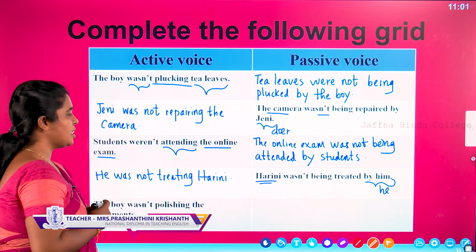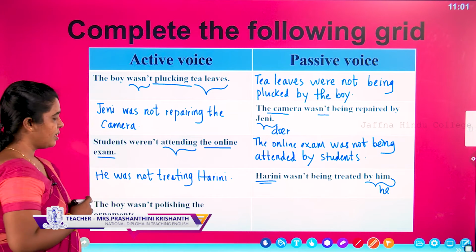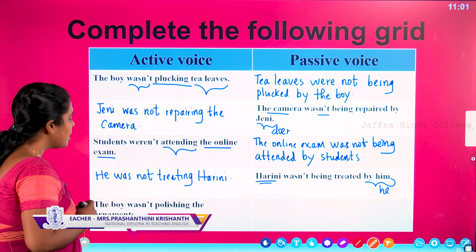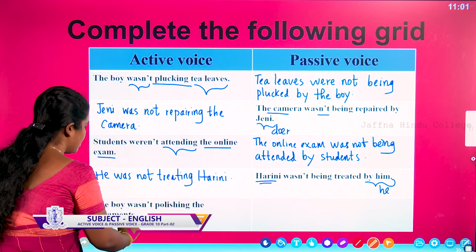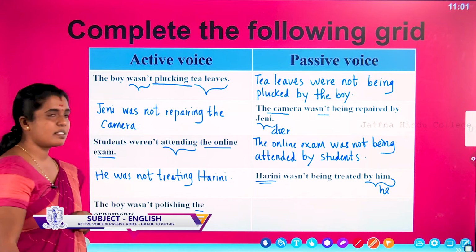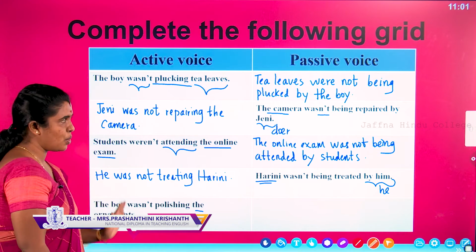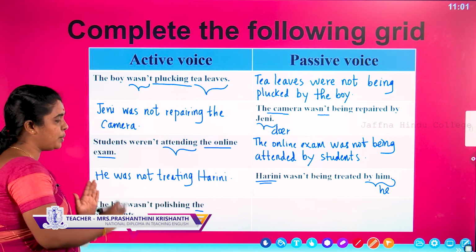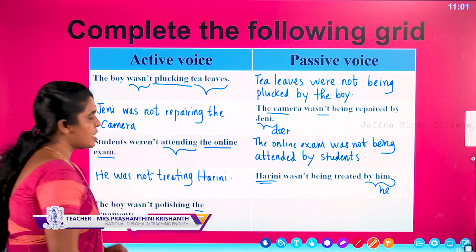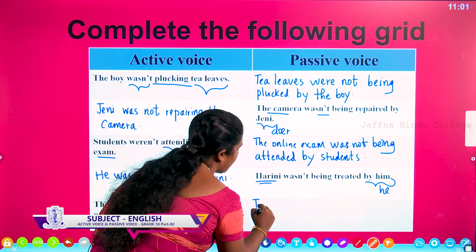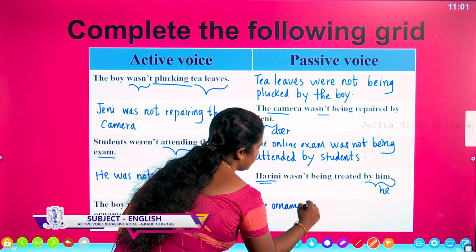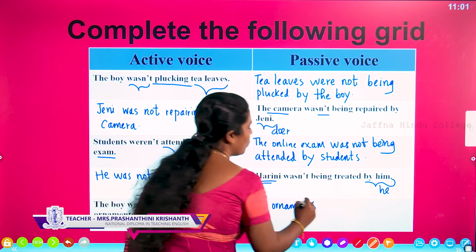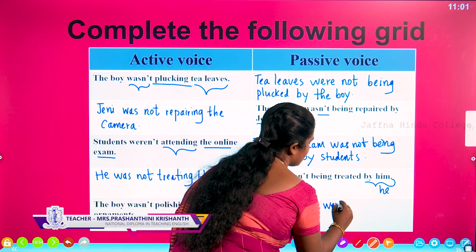He wasn't treating Harini. Last question. The boy wasn't polishing the ornaments, right? The ornaments is the object of this sentence. So, for the passive voice, we have to take the object first. The ornaments were not, right?